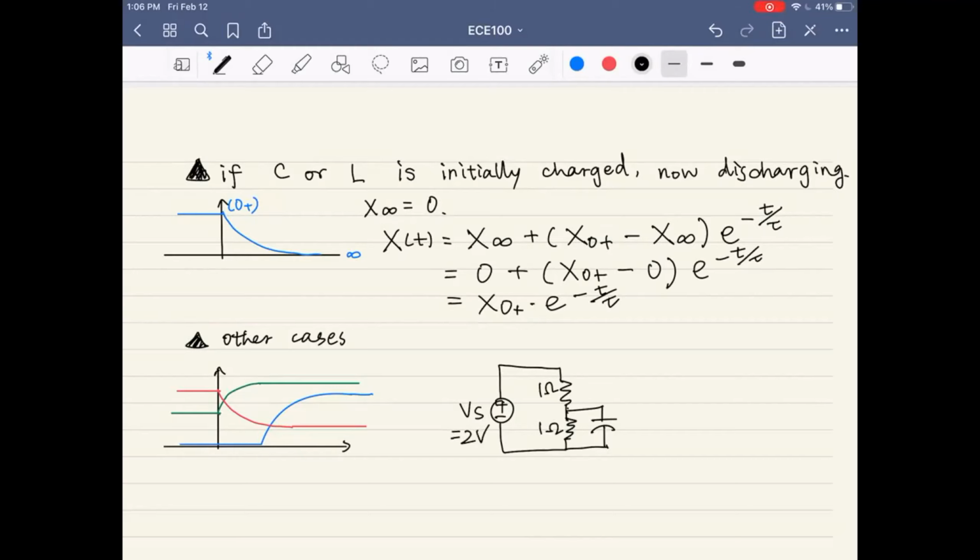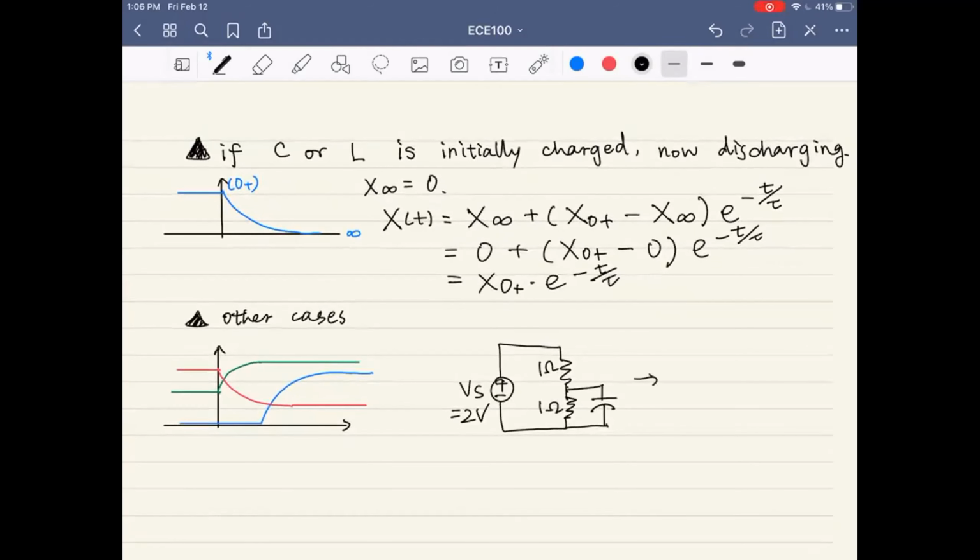And we know that when it gets steady, it should behave like this, right? And the voltage division here should be 1 volt, right? So we know that the Vc initially is 1 volt instead of Vs, right?